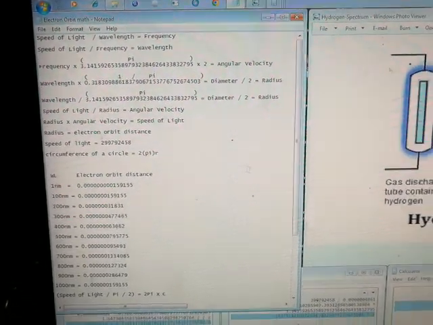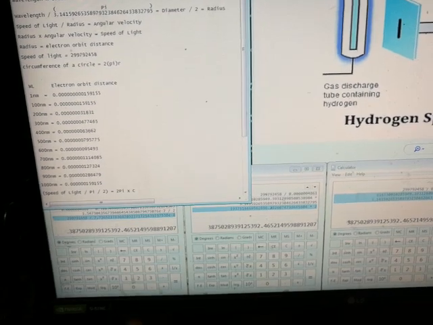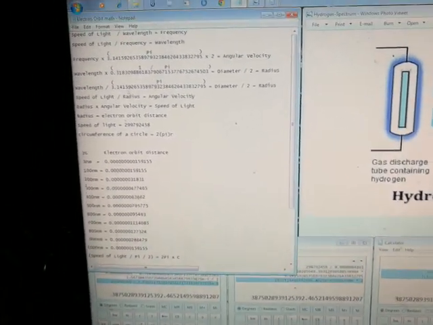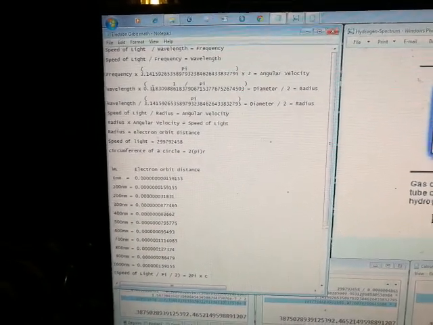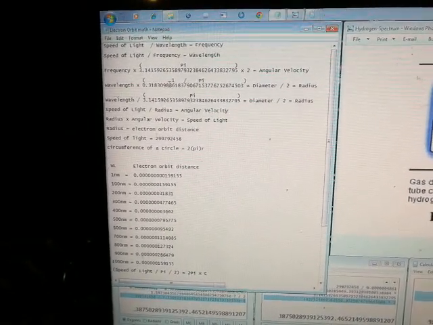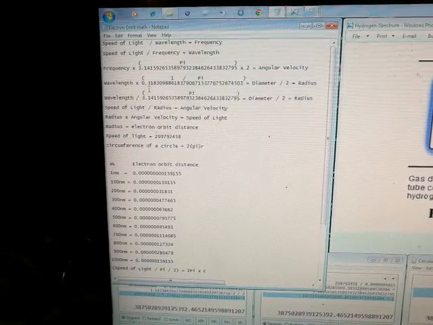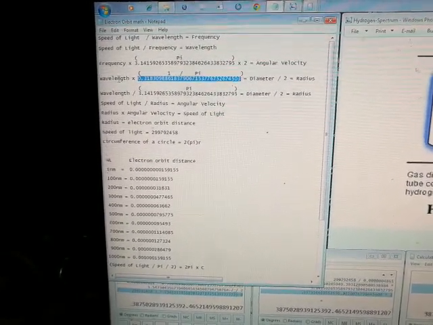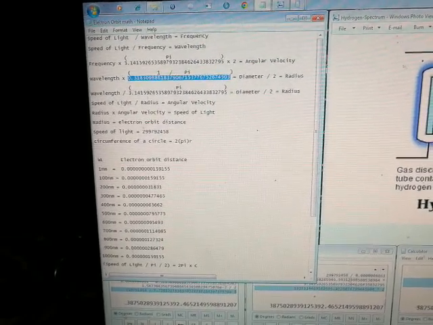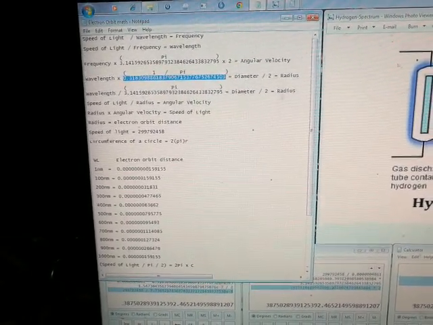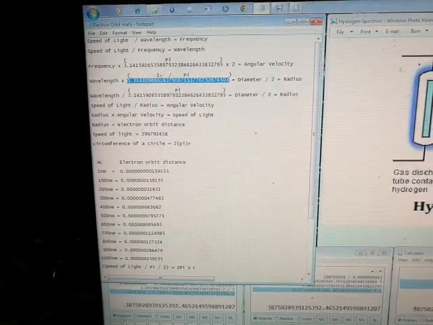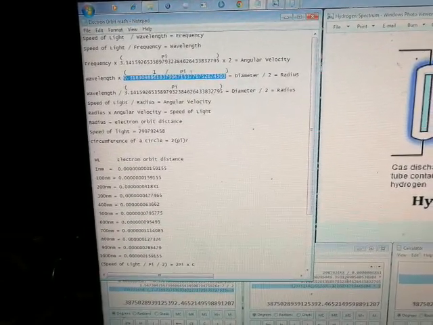So we're going to find wavelength divided by pi. This number right here is 1 divided by pi. We're going to times that by wavelength, and that's going to equal the diameter. That's how you double wavelength as a circumference. You times it by 1 divided by pi.